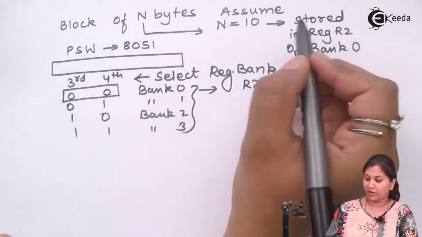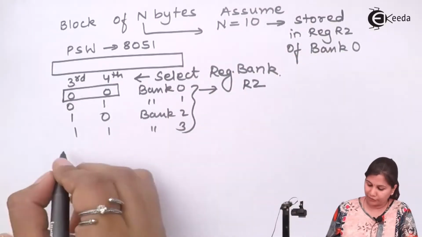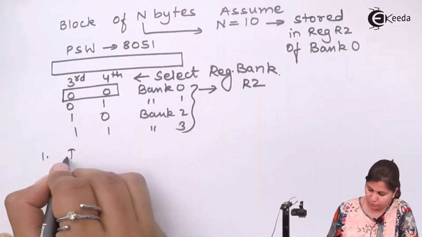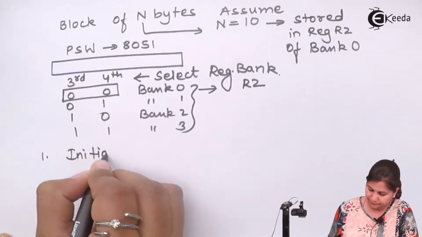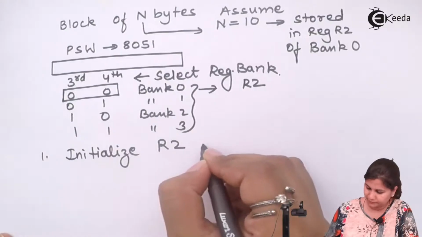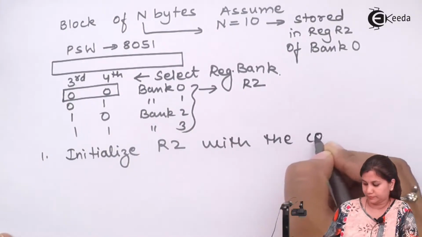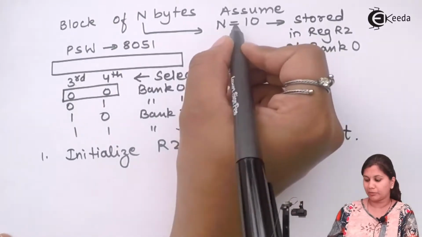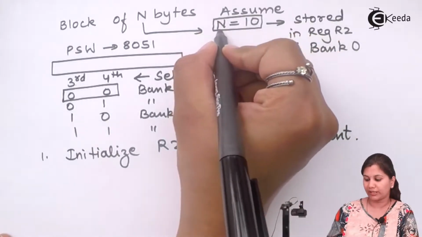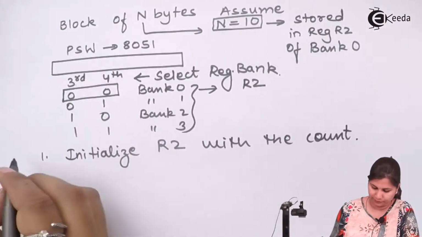Now this register R2 is storing the length of that block. The next step is to initialize this R2 register with the count, that there are 10 numbers and we want to transfer those 10 numbers from the source to the destination.